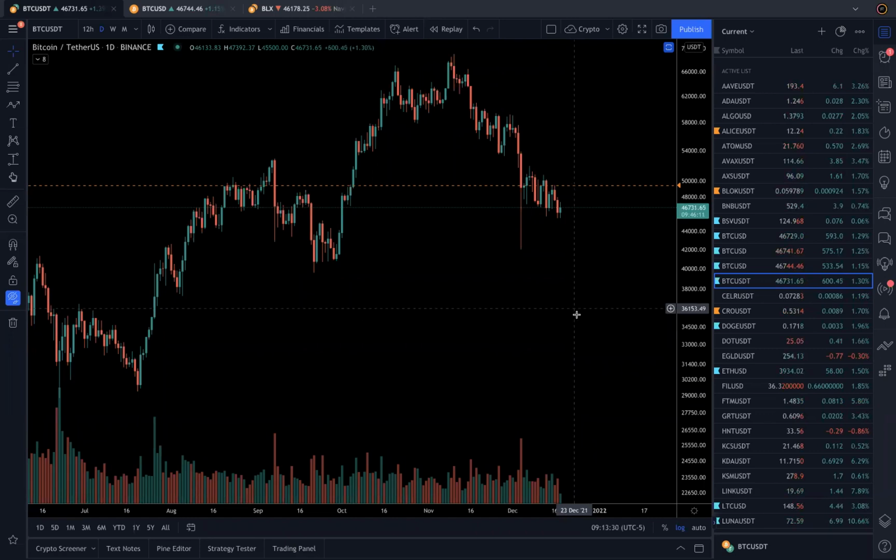But if crypto is one of your investment classes, then crypto is a risky asset. You know what I'm saying? Relatively speaking, equity is safer than crypto, and within crypto, small cap alts are vulnerable.